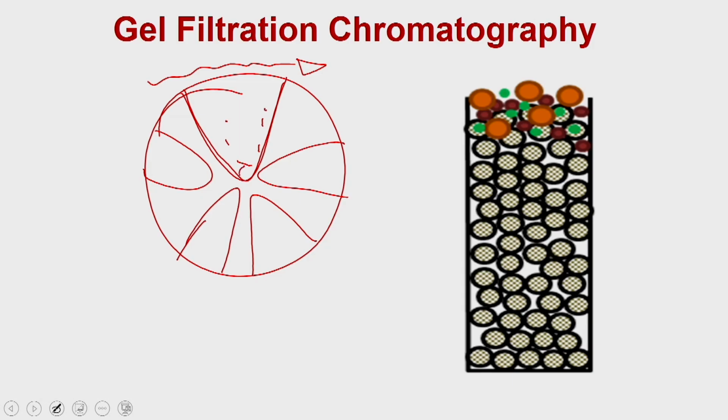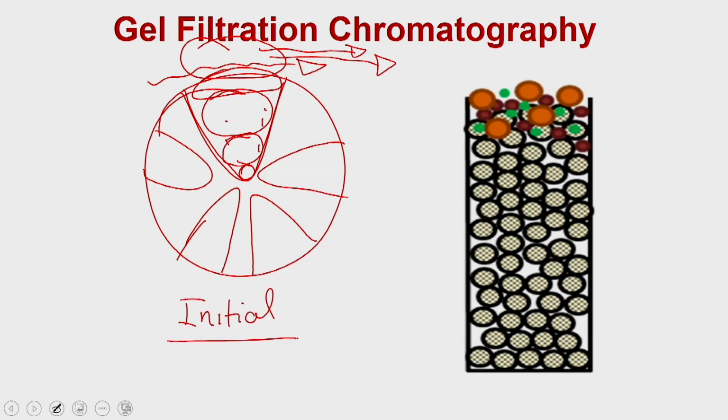So, the smallest molecule is going to sit at the bottom of these beads, whereas the molecule larger than this is going to sit on top of this, and the molecule larger than this is going to sit on top of this, and the largest molecule is going to sit on top of this, and the molecule which is even larger than this is not going to enter the pore, and it will go away along with the buffer.